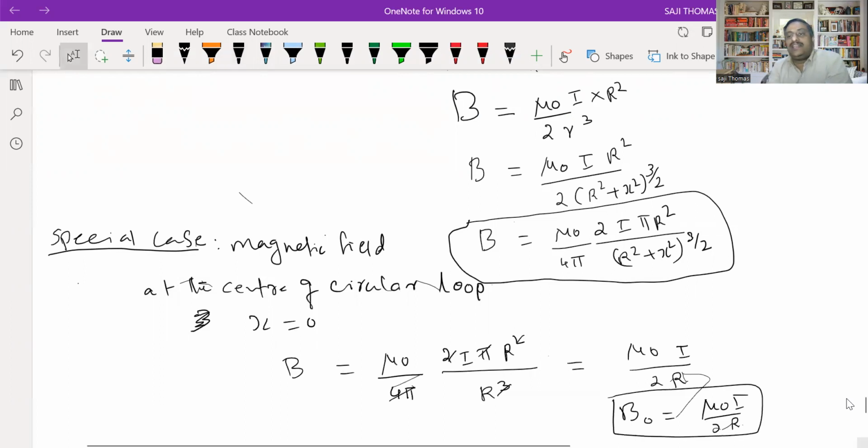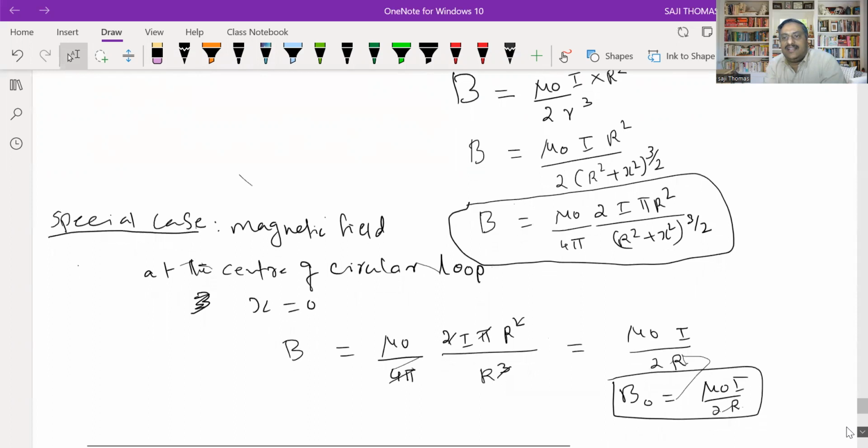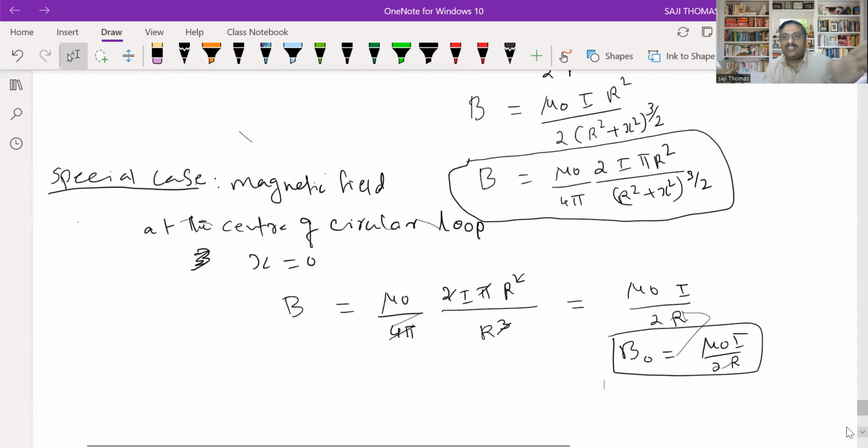So the magnetic field will be maximum at the center because the denominator has decreased. And if you move away on both sides from the center of the loop, the magnetic field decreases.